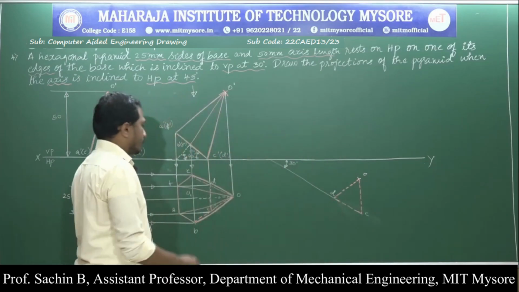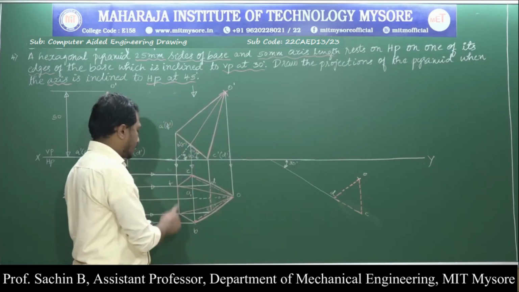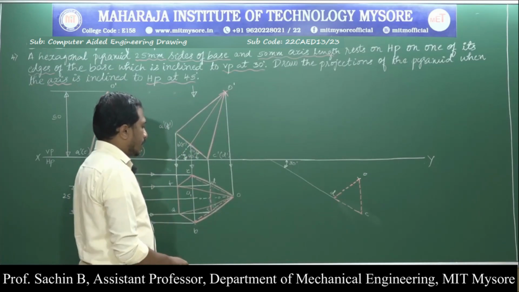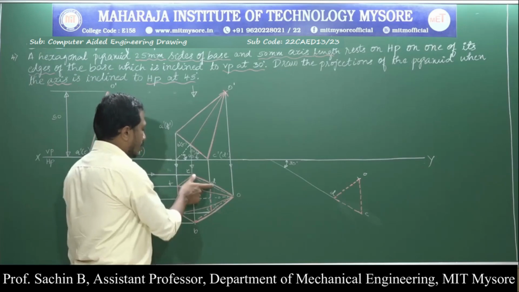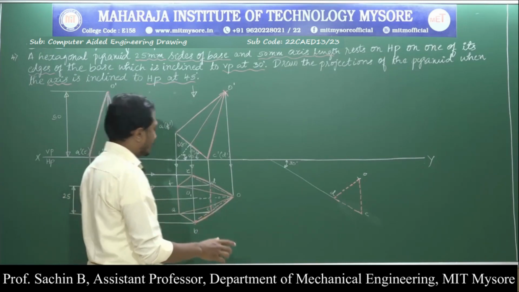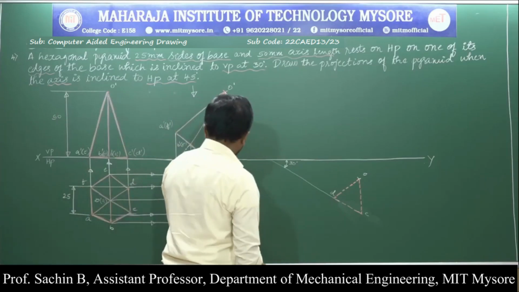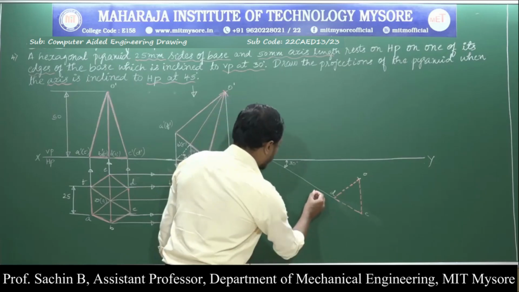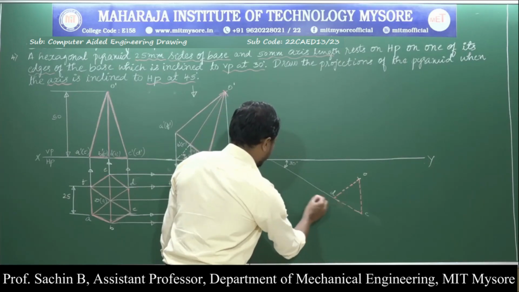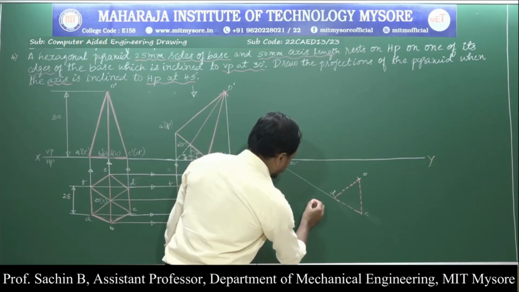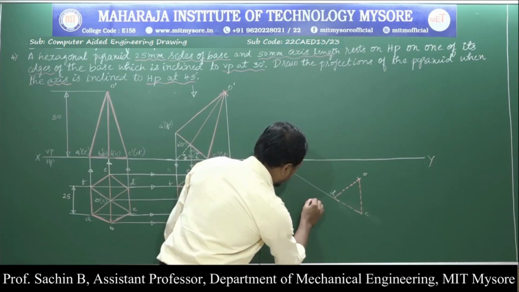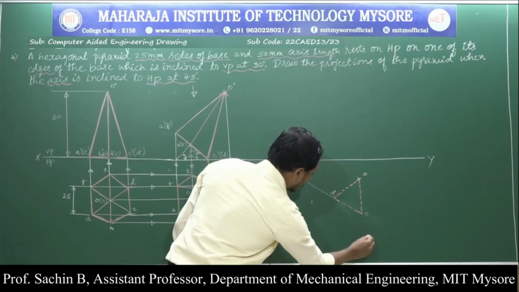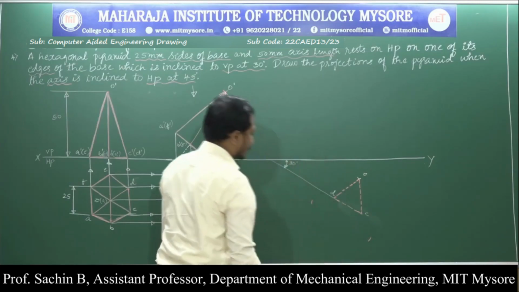Next I require the remaining corners, that is E, F, A, B. To get that, I will measure from D to E or from C to B. One measurement is enough. I will measure from D to E, and after measuring, I am going to cut an arc towards this side, and again for C to B towards this side, in the downward direction.